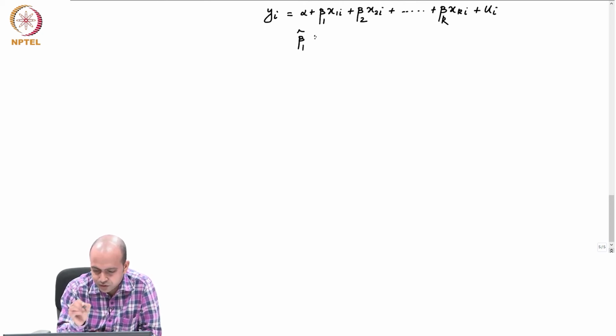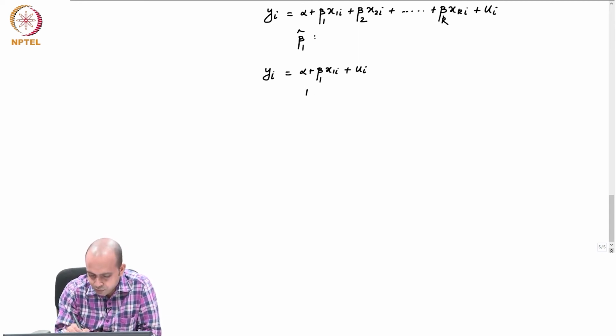Earlier we learned the interpretation for the model yi equals alpha plus beta 1 x1i plus ui. If you do not have any other variable, then how do you interpret?